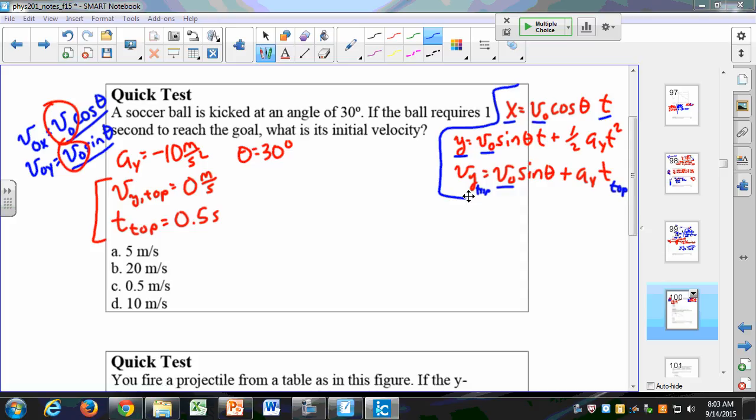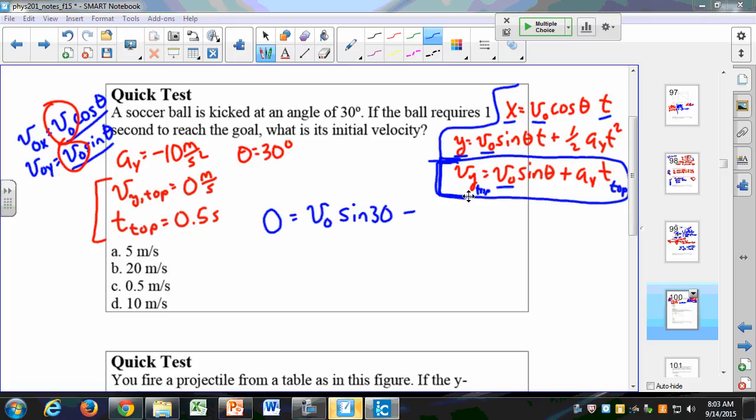But it's also pretty straightforward because it's just solving a single equation, because I can take this one and I know everything but V naught. So I can say 0, that's my Vy at the top, is equal to V naught sine of 30, that's my angle, minus 10 times T top.